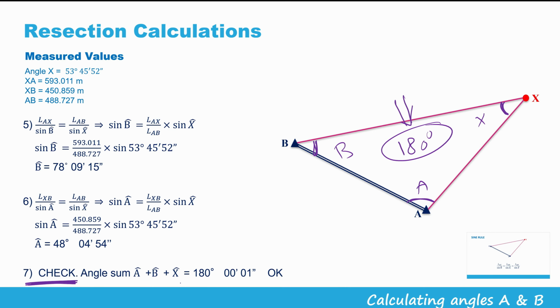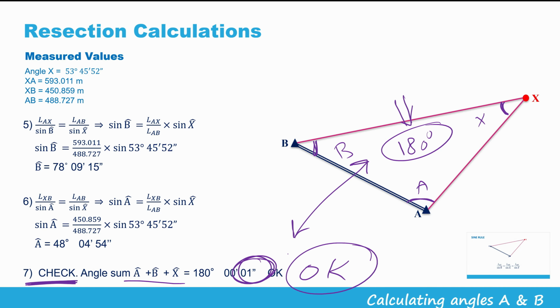So the angle summation A plus B plus X is 180 degrees, 0 minutes and 1 second in our case. This is a very accurate result. The difference between the theoretical summation, which is 180, and our summation is just 1 second, which is very accurate, and so it is okay, we can proceed with our calculations.